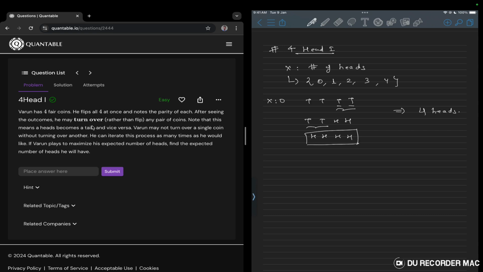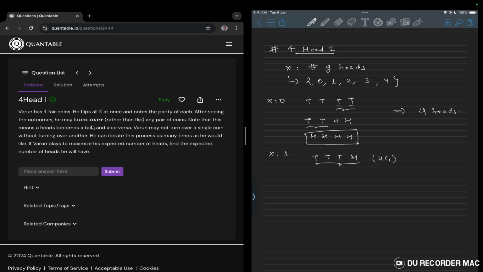Now let's look at the scenario X equal to 1. Here we'll have 3 tails and 1 head. Remember, this is just one scenario which is possible for X equal to 1. There will actually be 4C1 scenarios because there are 4 places where the head could come.